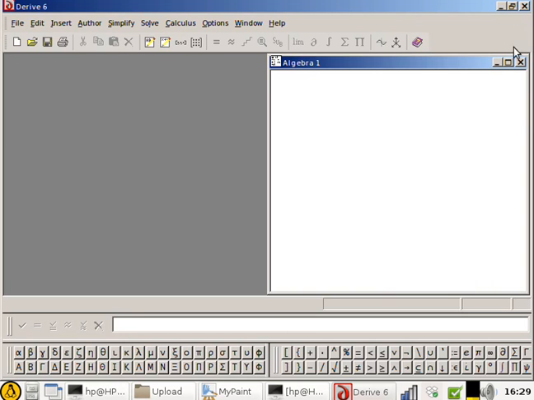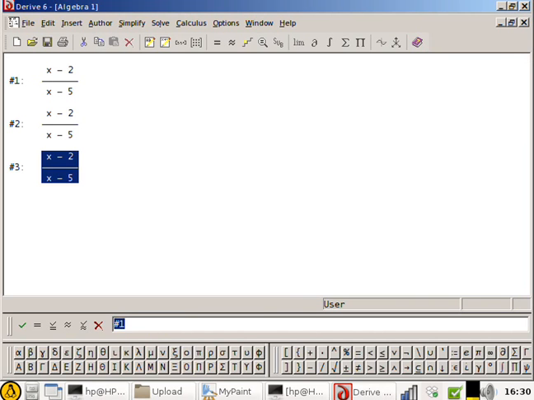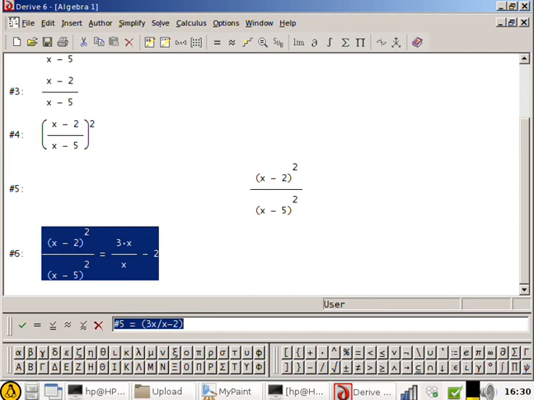Alright. Well, what I'll do is I'll type the equation into Derive and get it to solve it. X minus 2 divided by x minus 5, and then you have to square that, and that equals 3x divided by x minus 2.